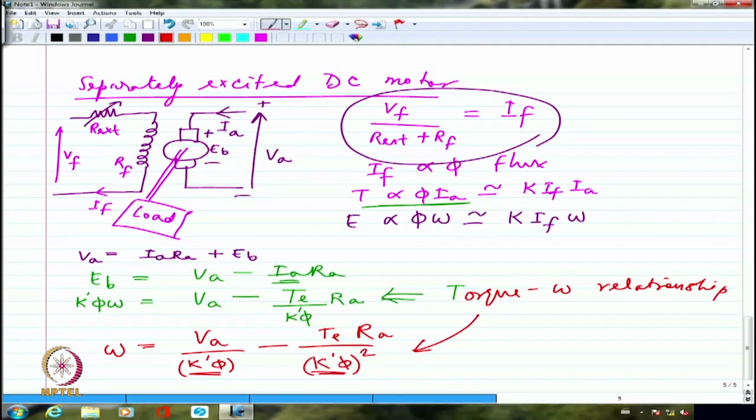So by adjusting the armature resistance, I should be able to get whatever speed I want, given the voltage, given the torque, and so on.